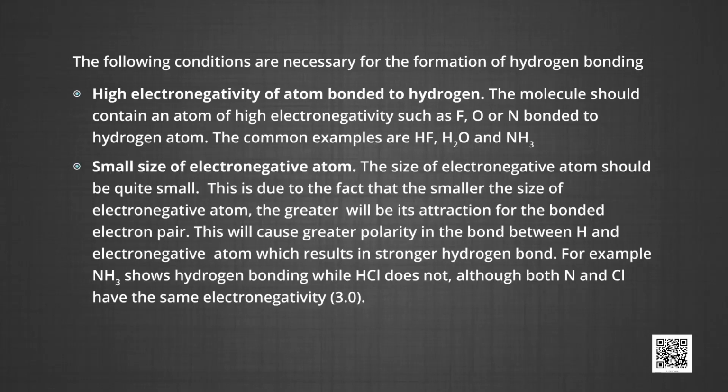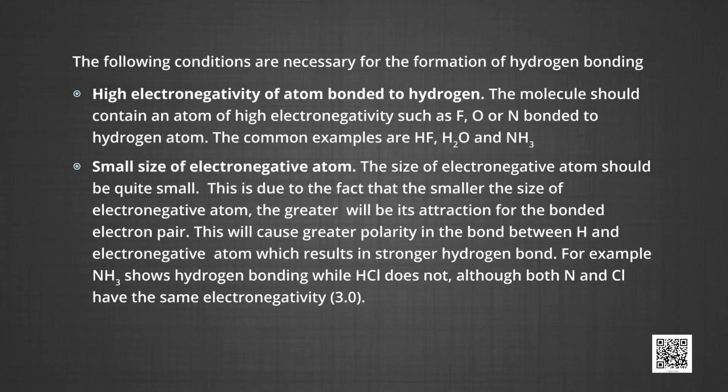The second important factor for hydrogen bonding is the small size of the electronegative atom. The size of the electronegative atom should be quite small. This is due to the fact that the smaller the size of the electronegative atom, the greater will be its attraction for the bonded electron pair.